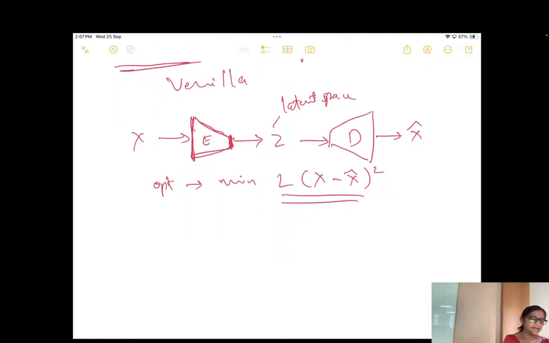When I say the latent space Z is some E phi of X, and X cap is D theta of Z, isn't it? What are phi and theta?